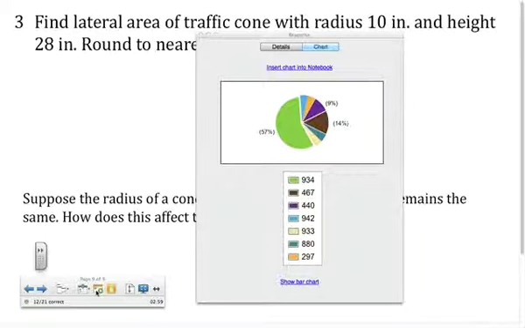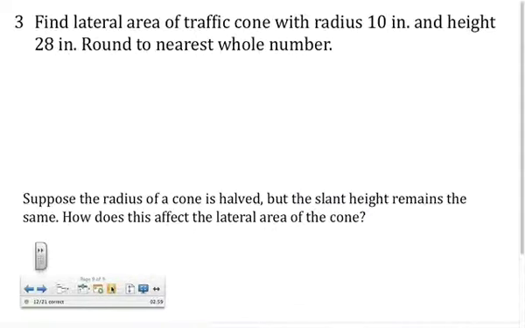Our majority answer is the correct answer, 934, of course. Bless you. 4, 6, and 7 was the next answer. Okay, let's clarify what happened to get that 934. The height is 28, not the slant height, the height.